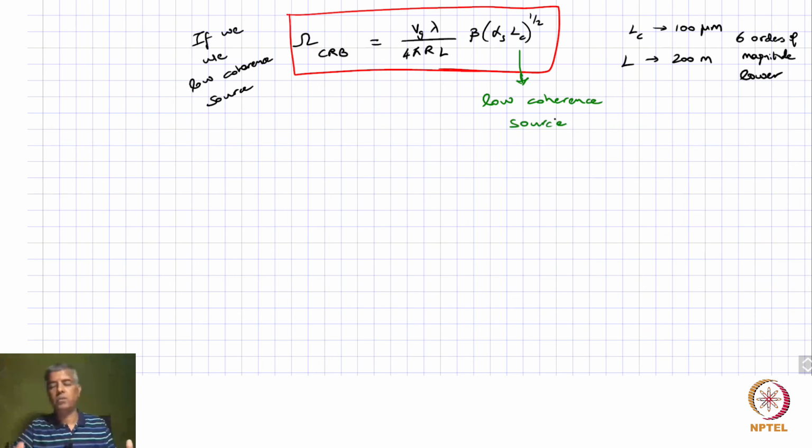In other words, it means as broadband a source as possible. Okay. If you use that, then you will be able to reduce LC, and you will be able to reduce the limitation due to coherent Rayleigh backscattering.